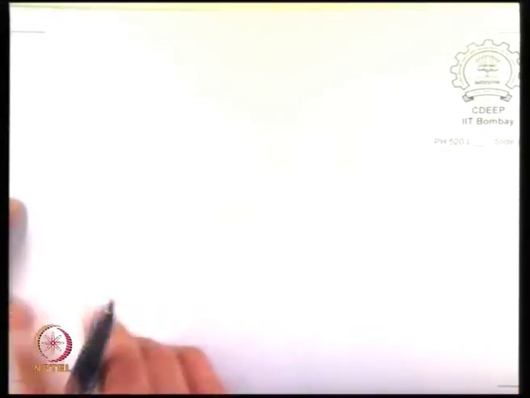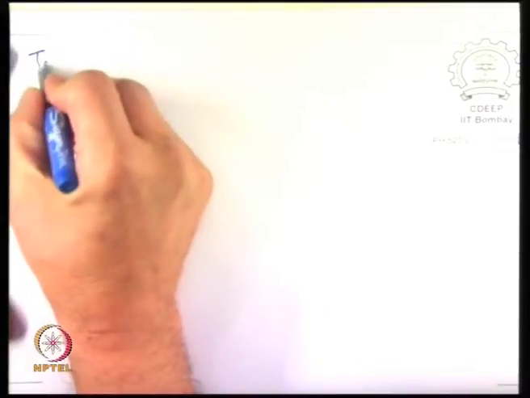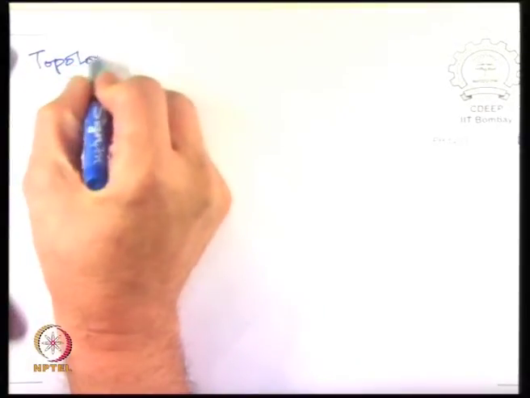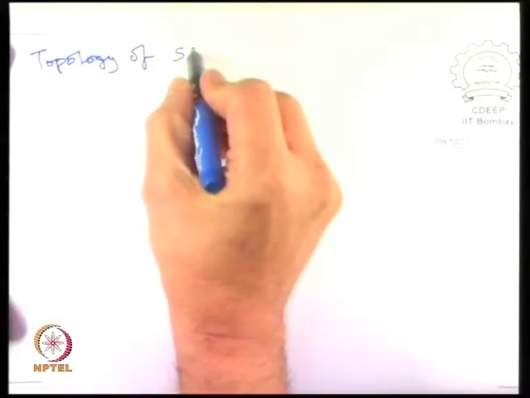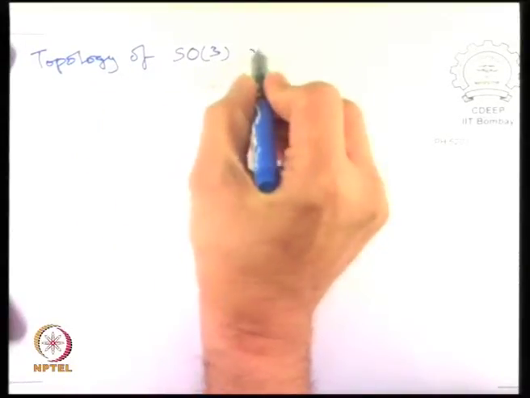imaginative exercise, usually not done in physics books, but done in Schiff's book. Topology of SO3 versus SU2.